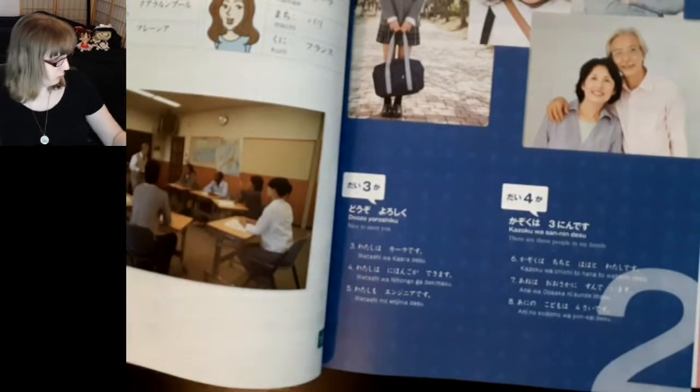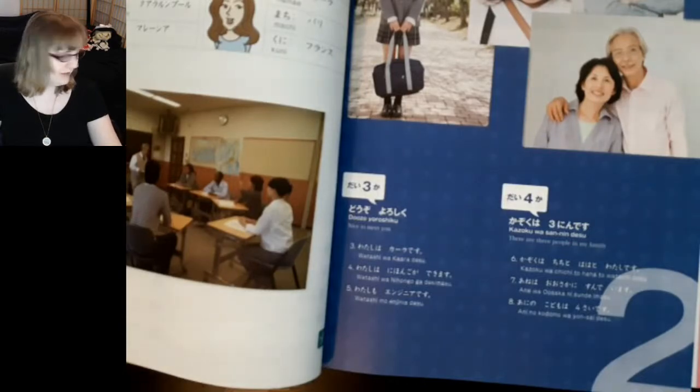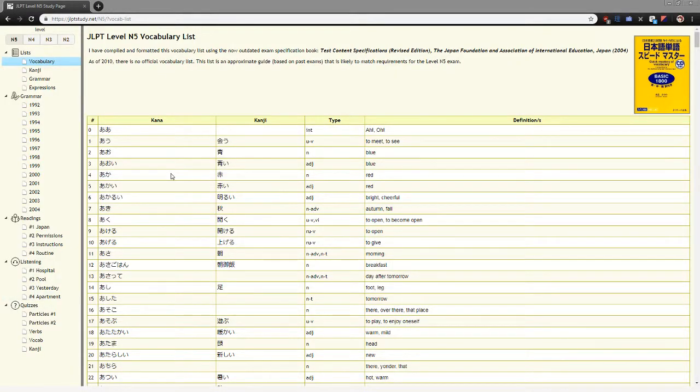But one thing I'd like to show you is in the description I have linked a learning guide for the N5, N4, 3, and 2 vocabulary, kanji, grammar, and expressions.